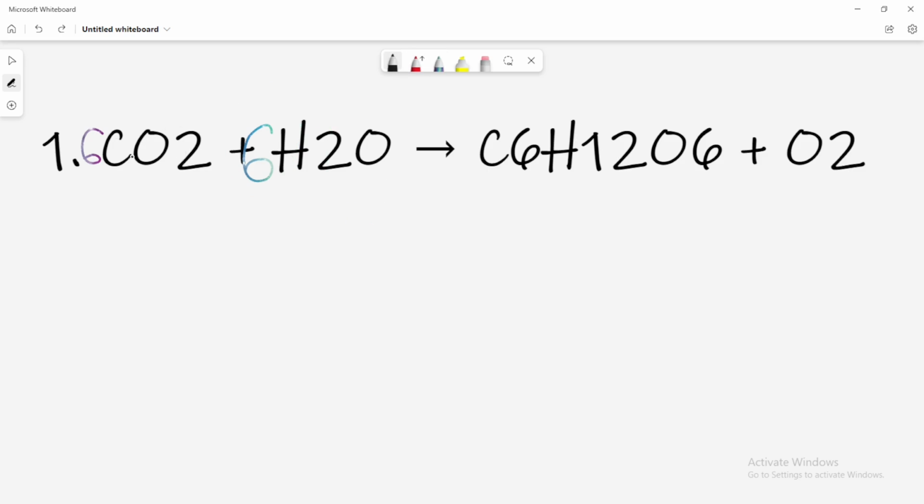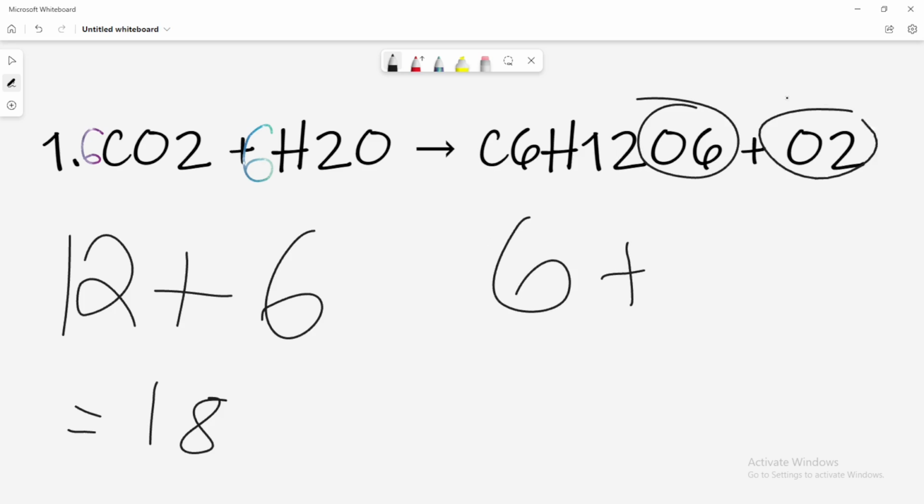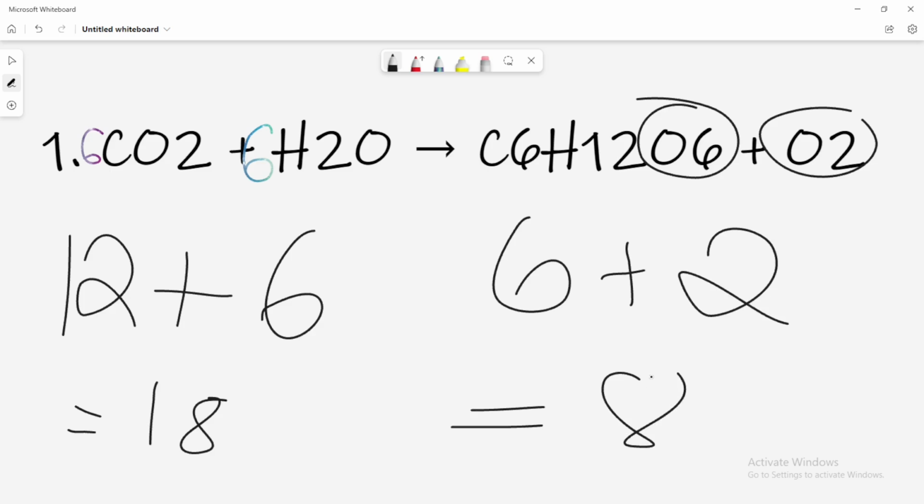6 times O2 equates to 12, plus 6 times O equals 6. 12 plus 6 equates to 18 oxygen atoms. Solving this side, we've got oxygen atoms 6. 6 plus oxygen atoms of 2 on the right side equates to 8.